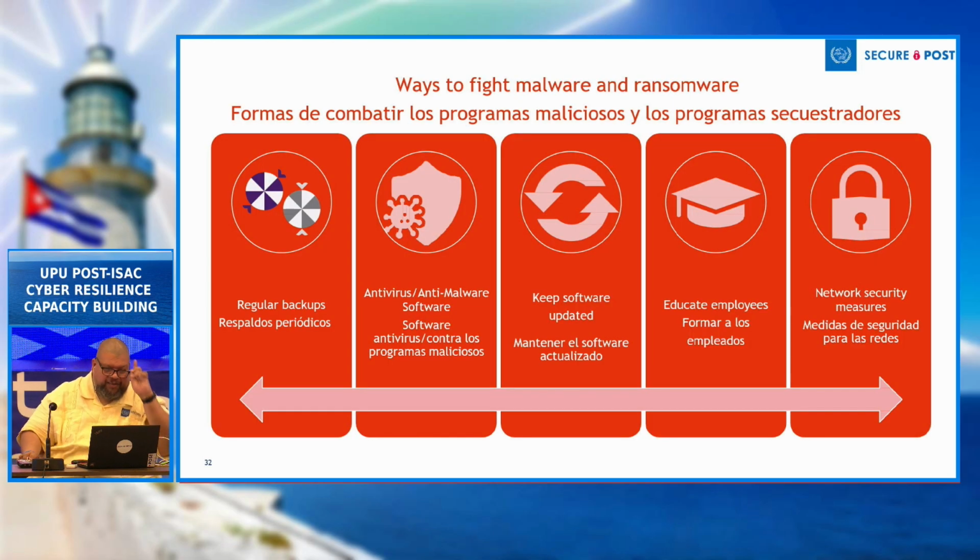The key way to fight malware and ransomware, as I said, the basic one, is to have a great backup strategy. That way, if and when you're attacked, you can laugh and say, don't worry, we're covered, because your backup strategy is bulletproof.